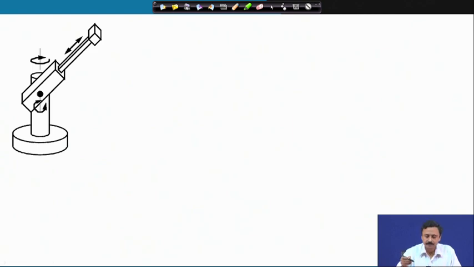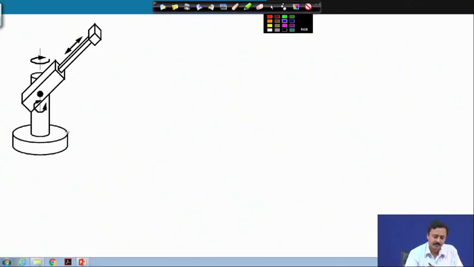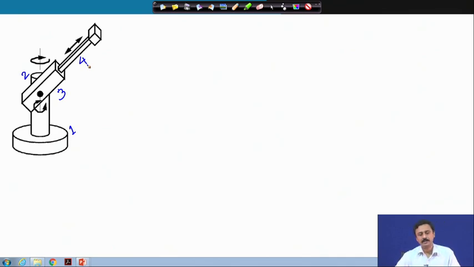This is the Stanford arm. The base is 1, this is 2, this is 3, and this is 4. Now, this is a spatial kinematic chain, as you can see.